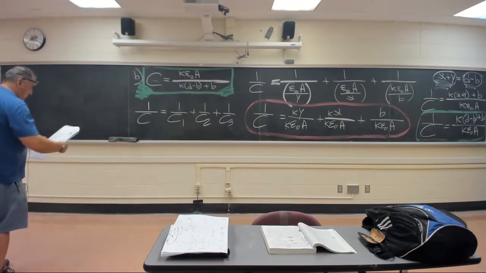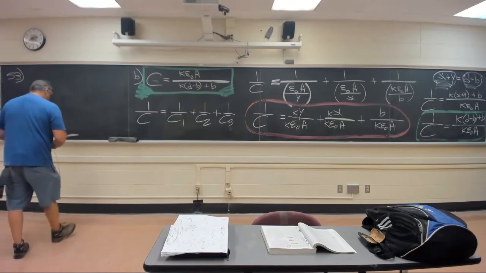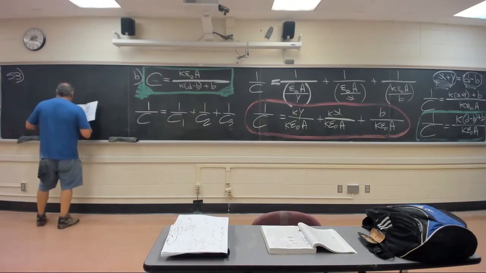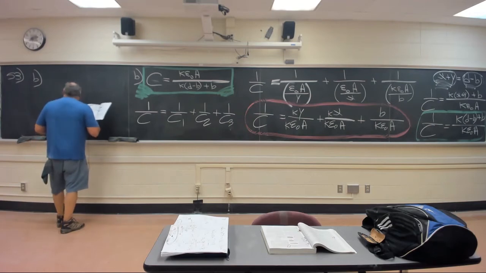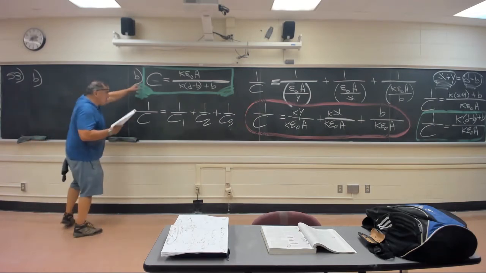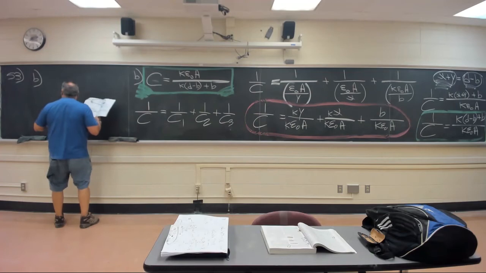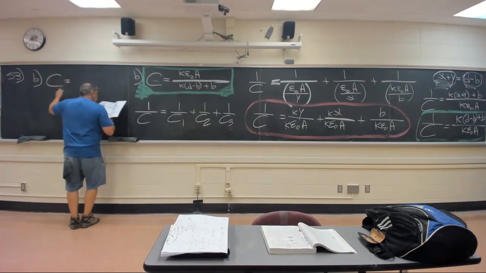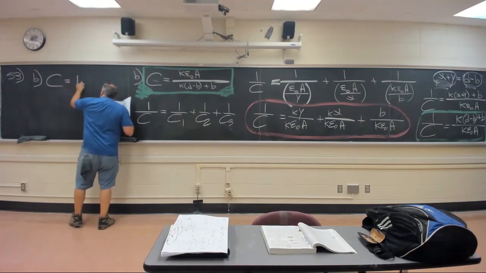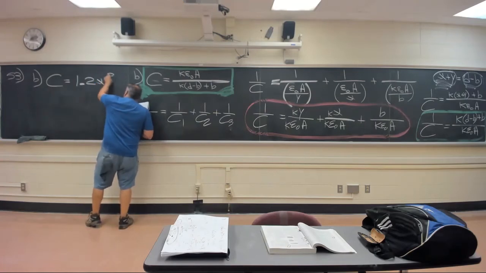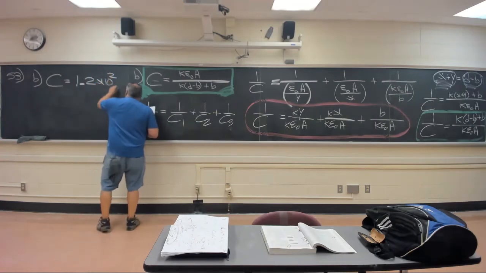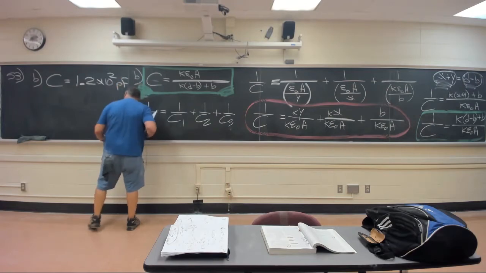We see what the capacitance was. So, B, plug in all the appropriate values here, and you get the capacitance is 1.2 times 10 to the 2 picofarad.